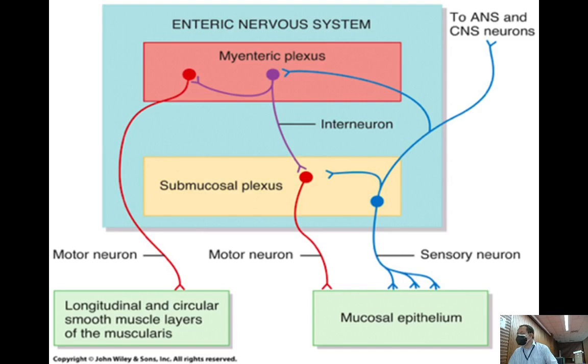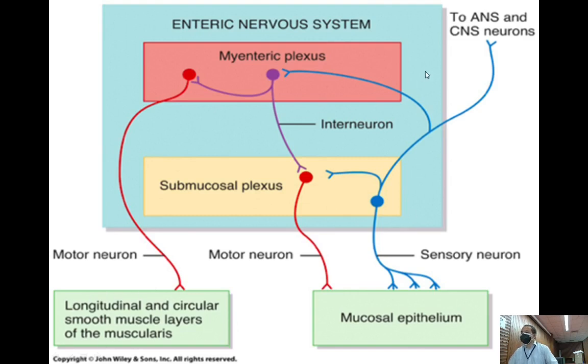Sorry, ganglion, not plexus. Plexus is only in the enteric nervous system. From there only you'll have the postganglionic sympathetic fiber leaving to control these muscles and the glands as well.